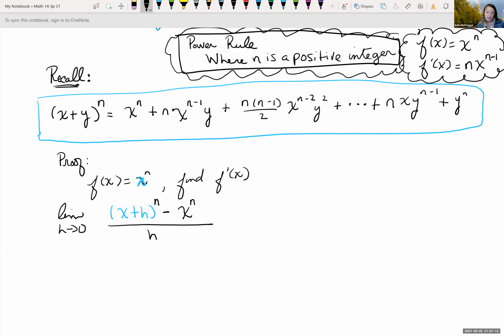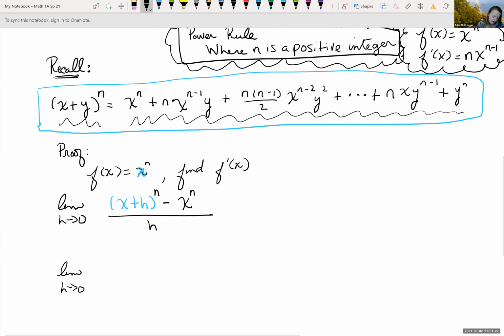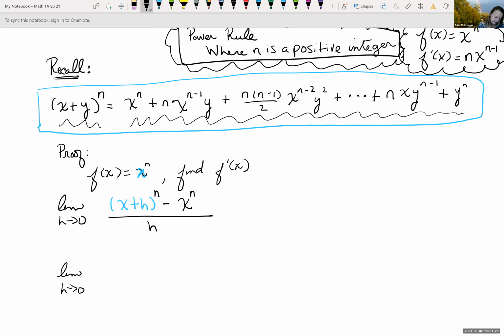Notice if I expand this out using this binomial theorem, let's do that. So in our case, we would have x to the n plus n times x to the n minus 1.